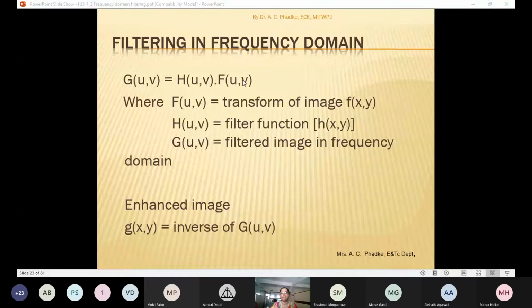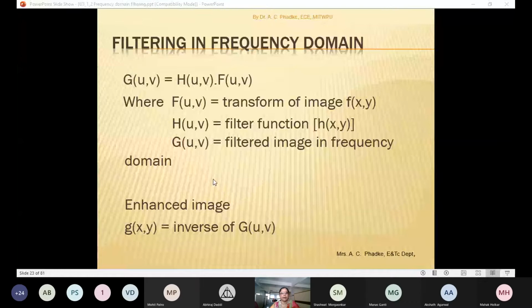We then get the enhanced image in the frequency domain, or filtered image G(u,v). Now this G(u,v) is the Fourier transform of the enhanced image. So after this multiplication, we need to take the inverse transform of G(u,v) to get the filtered image g(x,y), that is the enhanced image.